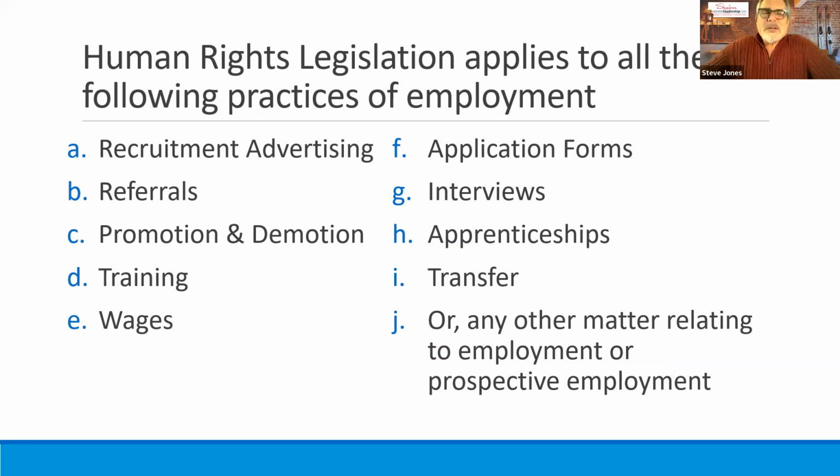But they're all fundamentally the same because they're driven by the Charter of Rights and Freedoms, and they're modeled after the federal human rights code. And so each province has their own set of laws, but they pretty much cover the same 11 aspects of prohibited grounds. And they pretty much deal with it in almost exactly the same way.